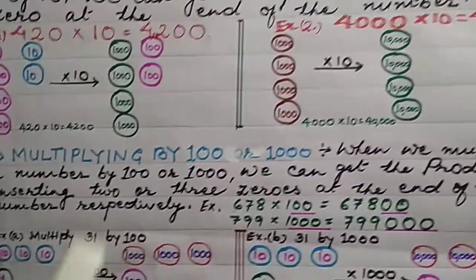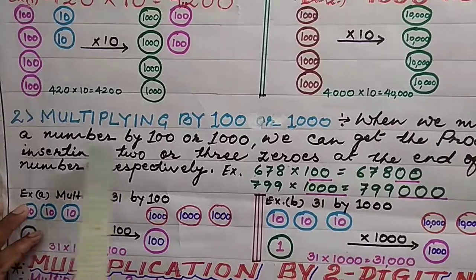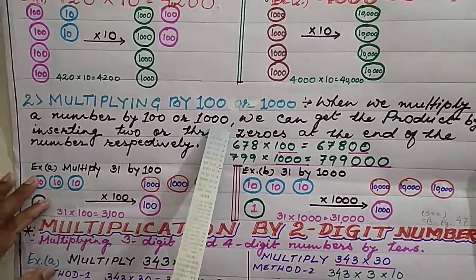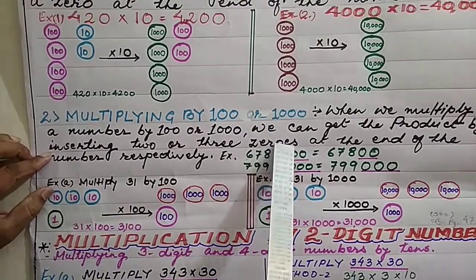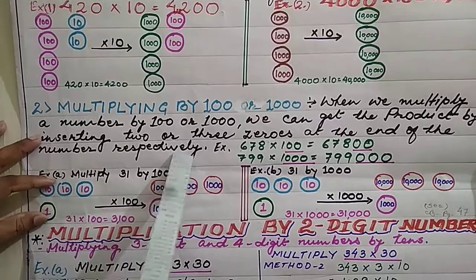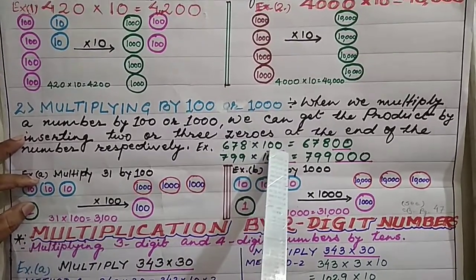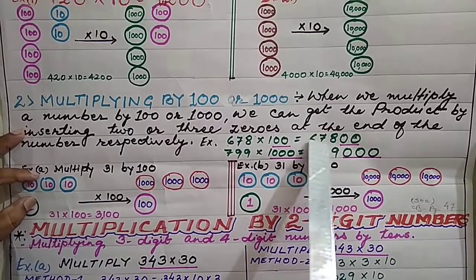Now, multiplying by 100 or 1000. When we multiply a number by 100 or 1000, we can get the product by inserting 2 or 3 zeros at the end of the number respectively. Like 678, when multiplied by 100, becomes 67,800.